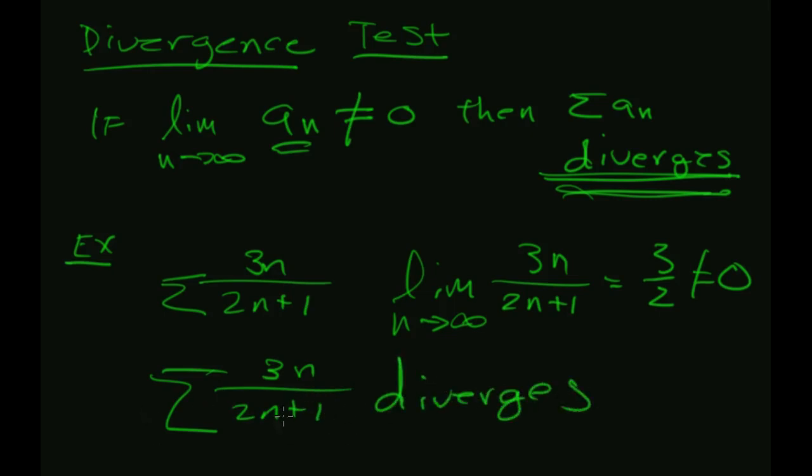So when you start adding up its terms, it is going to go off to infinity. The sequence of partial sums is not going to converge on any given number. Because the limit is not equal to 0, I get divergence.